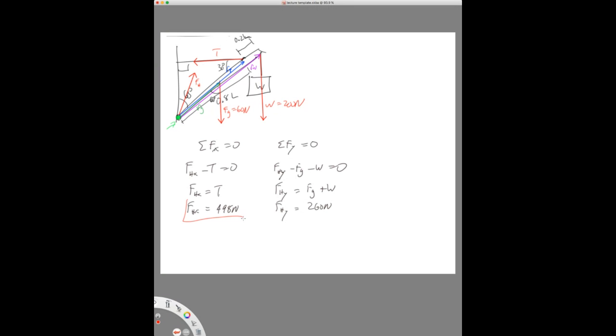So that's what it asked us, to find the components of this. But on a different day, we might be asked to find the magnitude and direction. So just to remind you, with our vectors, what is the magnitude of F hinge? We use the Pythagorean theorem and get 562 newtons.